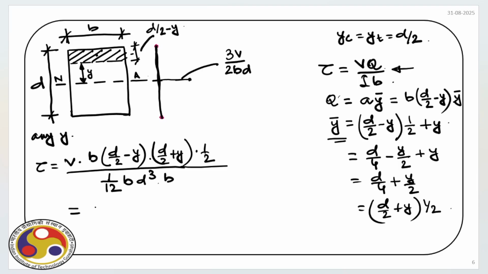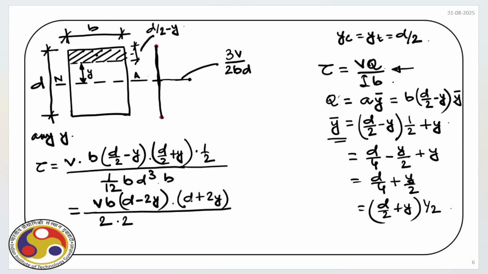So if we simplify, what we have, V times B, and then we have d minus twice y by 2, times d plus twice y by 2, and then we have another half, so we'll have 2 here, then we have B d cube times B, and we have 12 here, right?